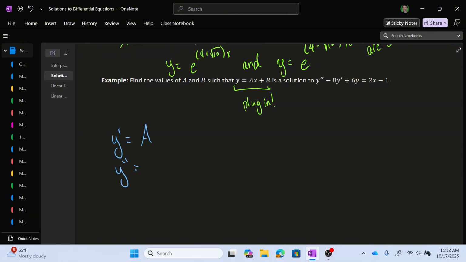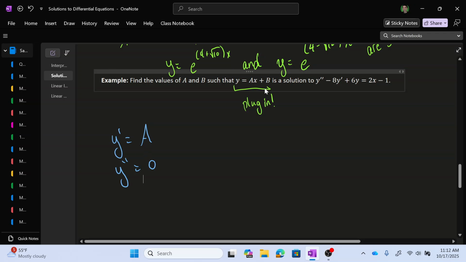The second derivative, the derivative of the constant a, will just be 0. So let's take this y double prime, this y single prime, and this y, and plug all of that information into this differential equation that's been provided here.